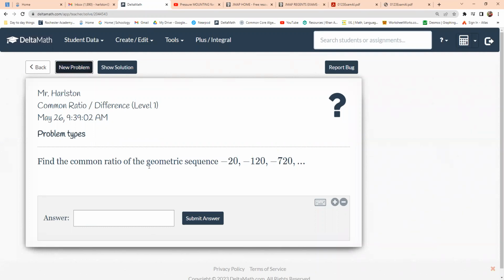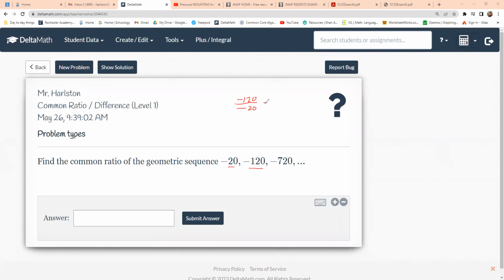This is a geometric sequence, which basically means it's exponential. So the way that you're going to do this is you're going to take this term and divide it by this one. So it's going to be -120 divided by -20, and the negatives cancel out.